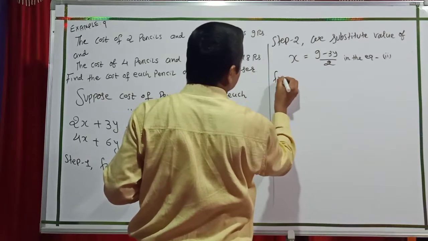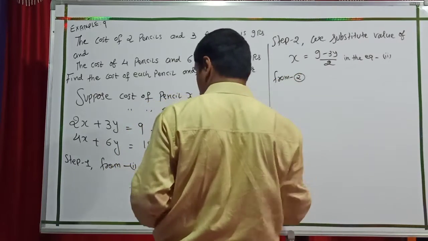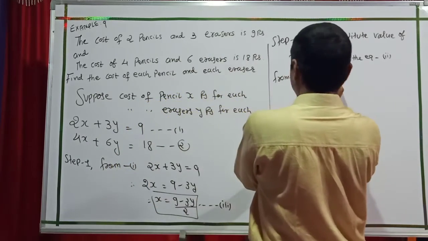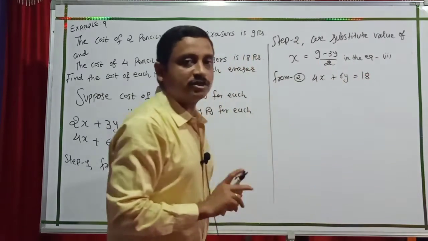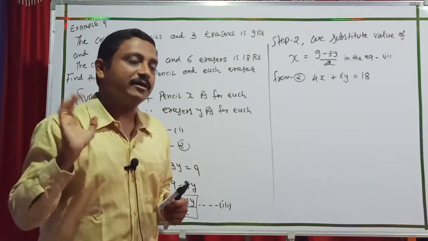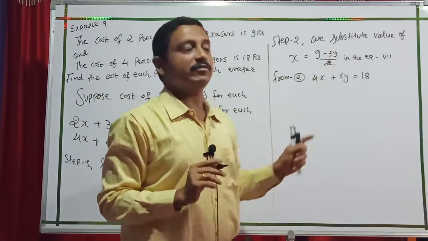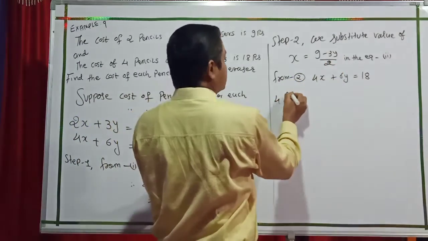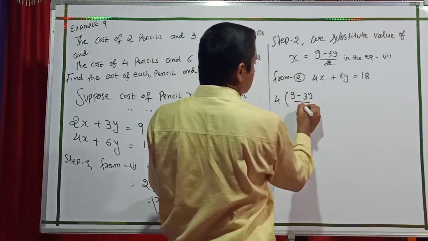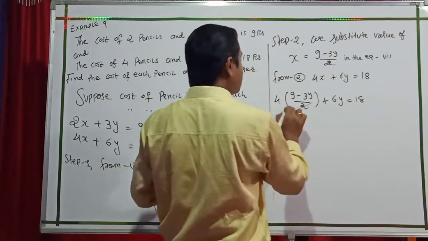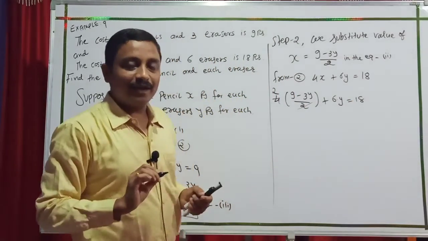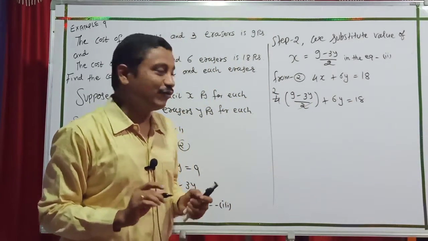What is 2? 4x plus 6y is equal to 18. So I apply this value of x, 9 minus 3y by 2. Here 4 times x, which is 9 minus 3y by 2, plus 6y is equal to 18. This cancels the 2s, and I hope you understood what the value of y is here.